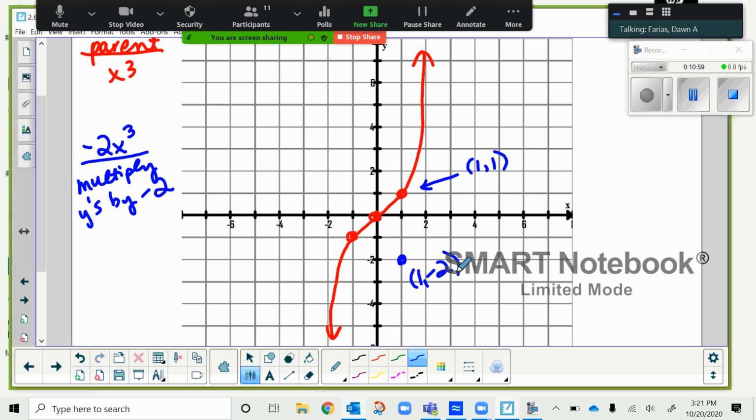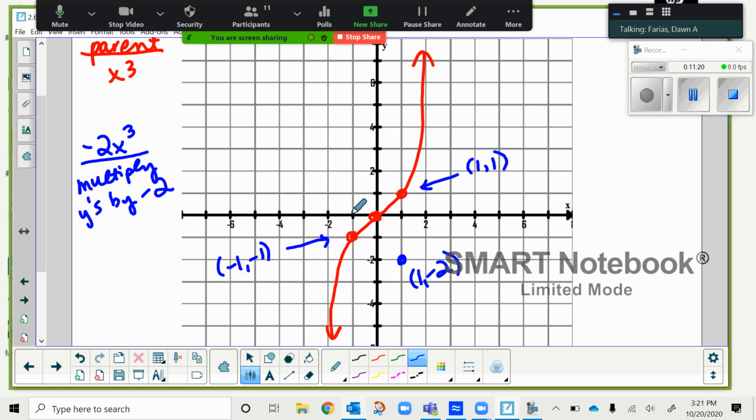And then this point right here, that's at -1, -1. The X stays the same, but the Y value gets multiplied by -2. So when I take the Y value and multiply by -2, it becomes +2.